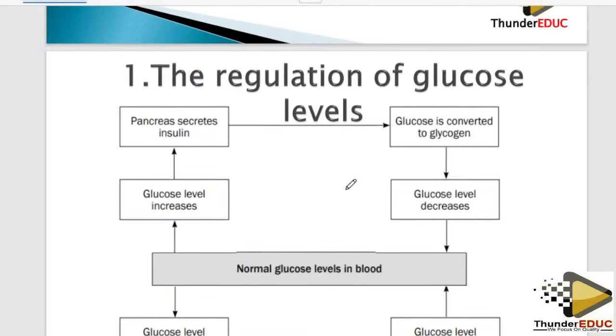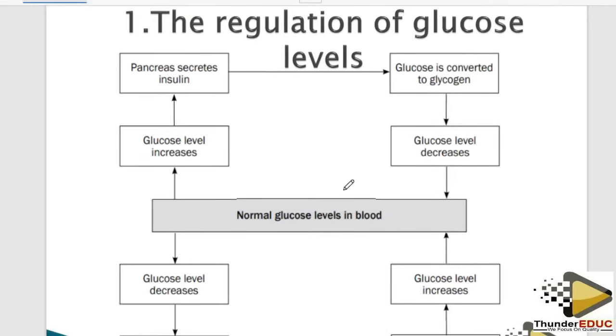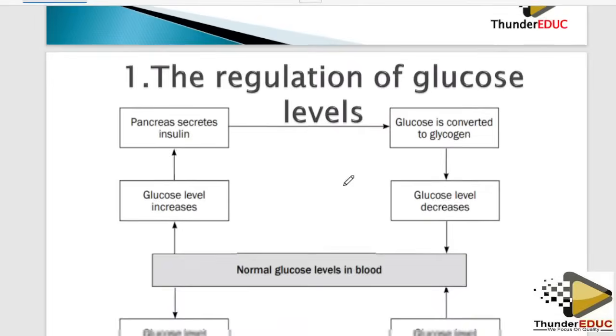They are saying regulation of glucose levels. Now here you need to understand a few things before you go to the regulation. Let me give you a trick so that you can understand this better if they bring it in terms of this diagram. Let's start with the glucose.